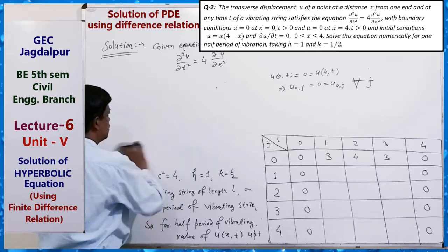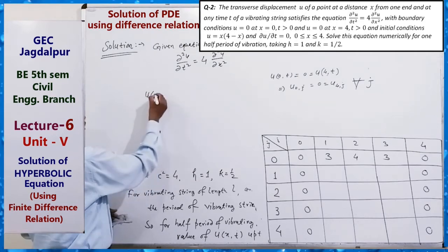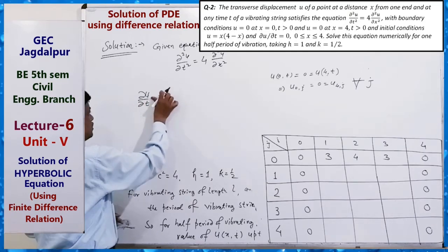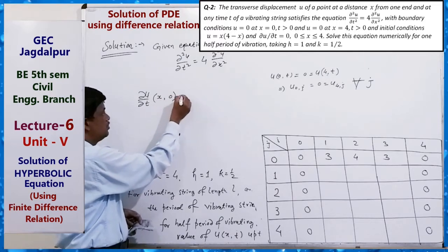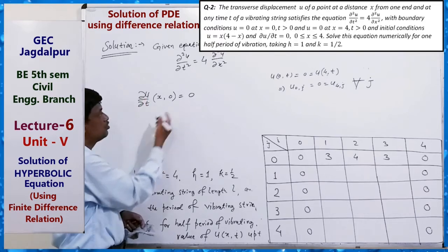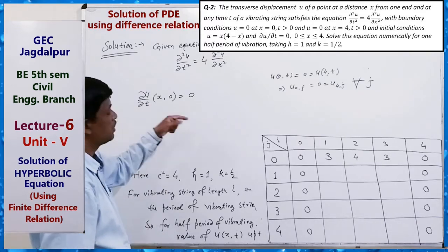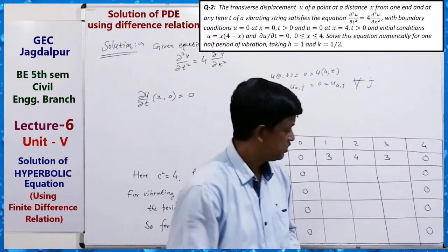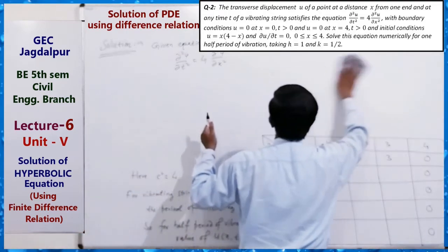Here it is given that del u by del t at x equal to 0 is equal to 0. By using this formula, we can get values from the main formula. Our main formula is what?